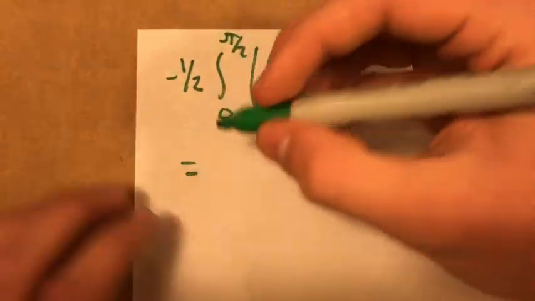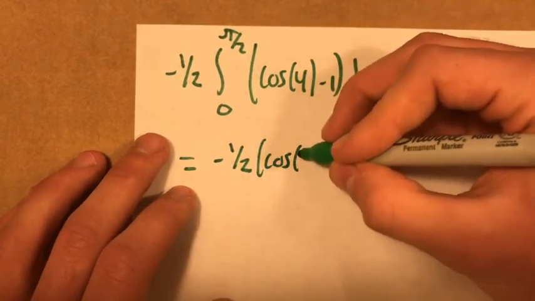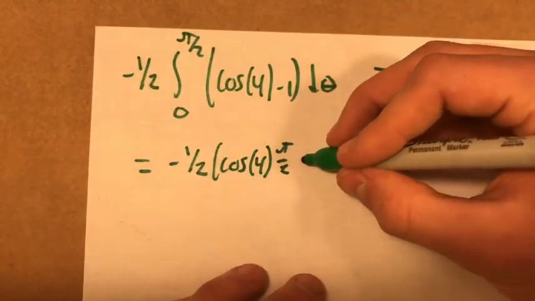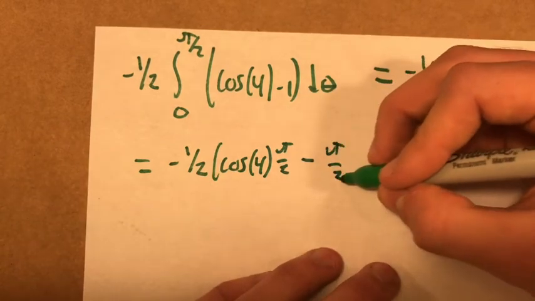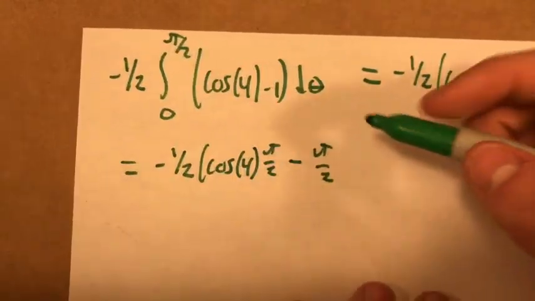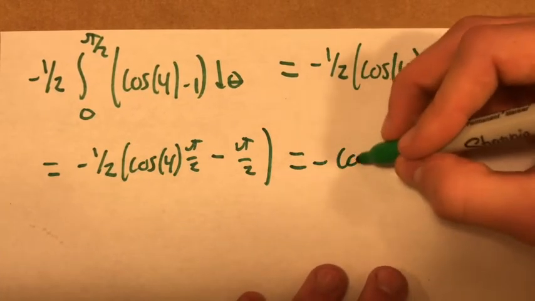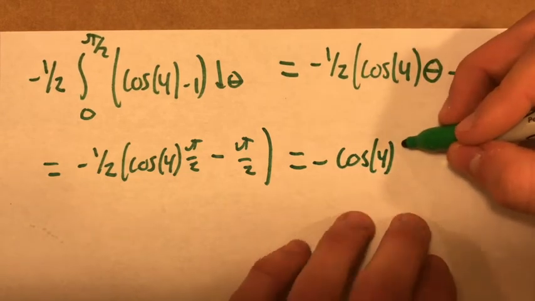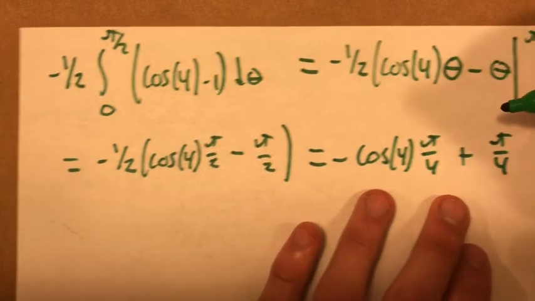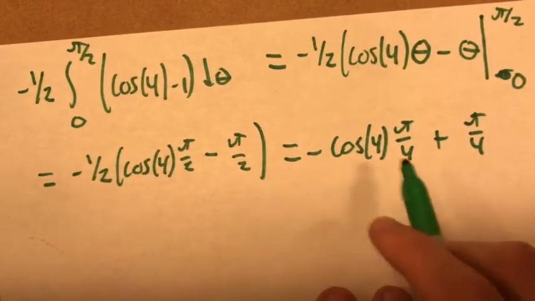This is equal to negative 1/2 times cosine 4 times pi over 2 minus pi over 2. If we evaluate at 0, it just cancels out, so we are just left with evaluating at pi over 2. This is equal to negative cosine 4 times pi over 4 plus pi over 4, because we factored in the negative 1/2, so it flipped the signs here.